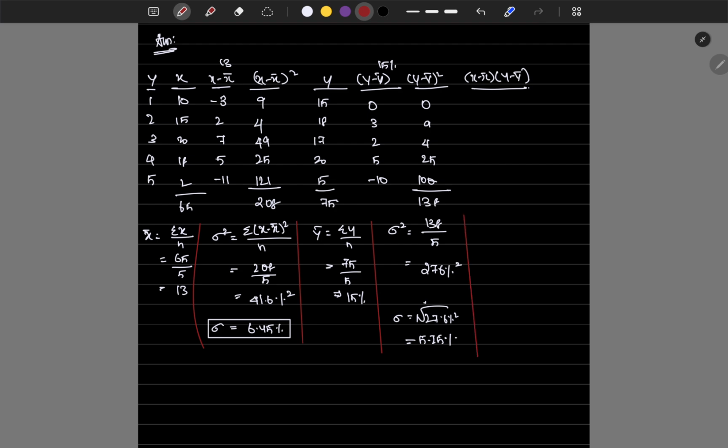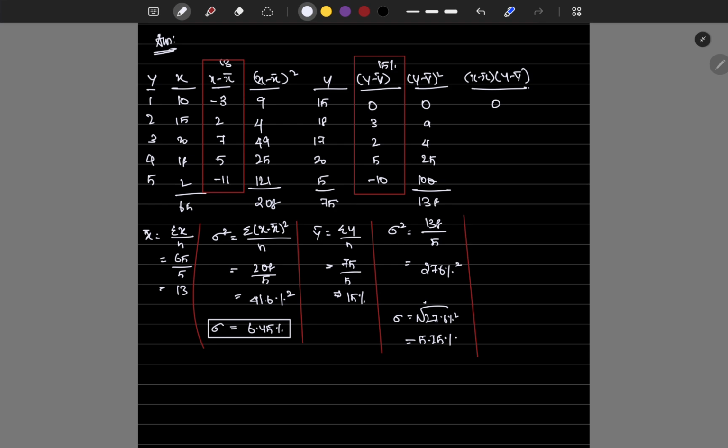Now what we have to do is multiply the deviations of x and y. This part you should not take wrong values.